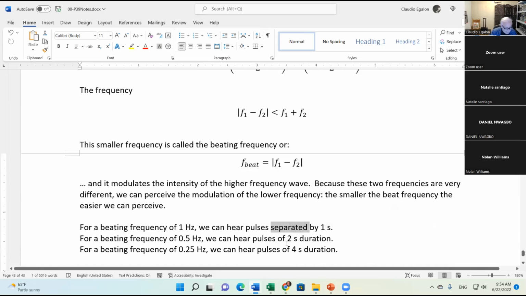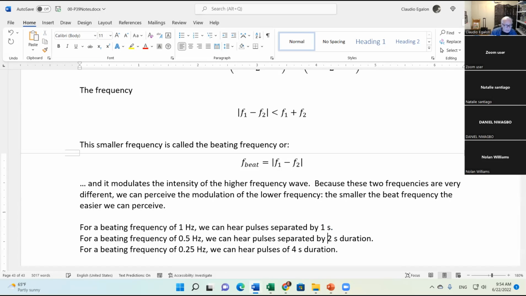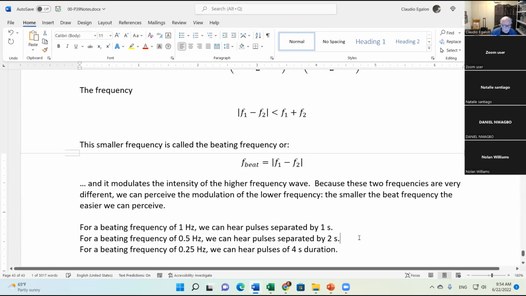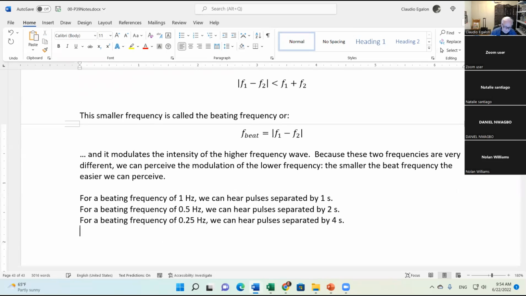No, no, no, because they are separated. Pulses separated by 2 seconds and so on. Pulses separated by 4 seconds and so on, okay?